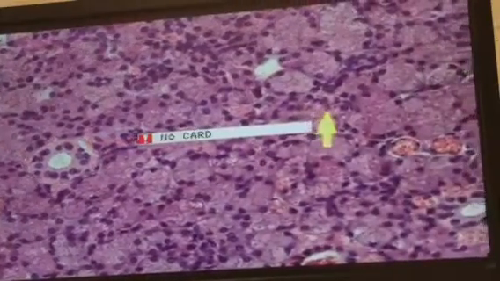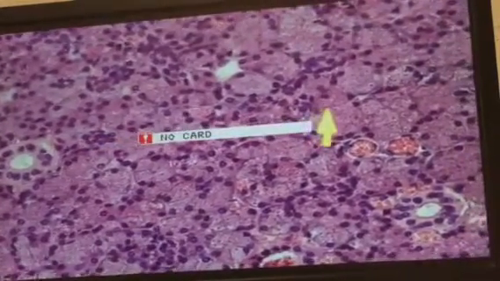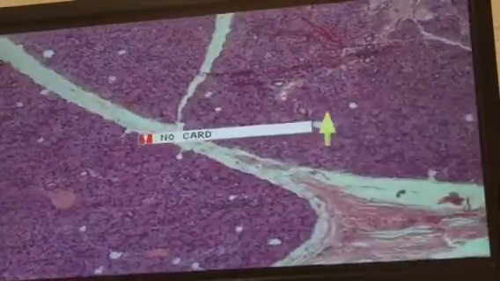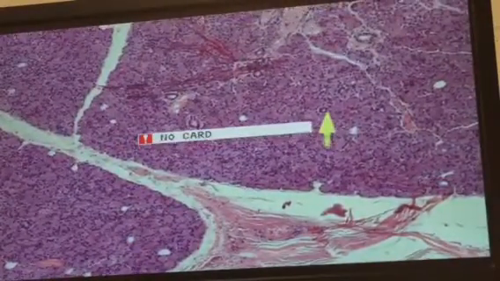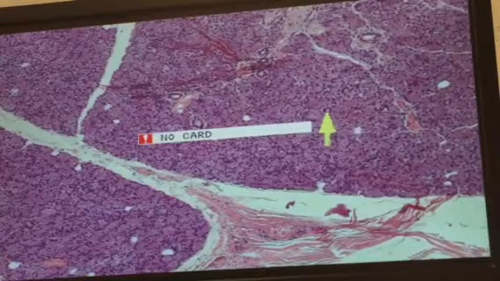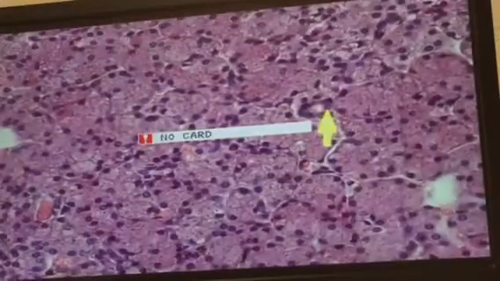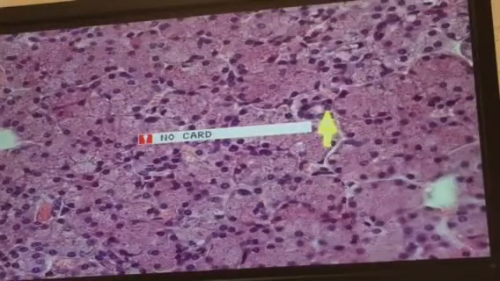And as we look around this, see some more vessels. And there's another intercalated duct right there. Nice round lumen, simple cuboidal epithelium.